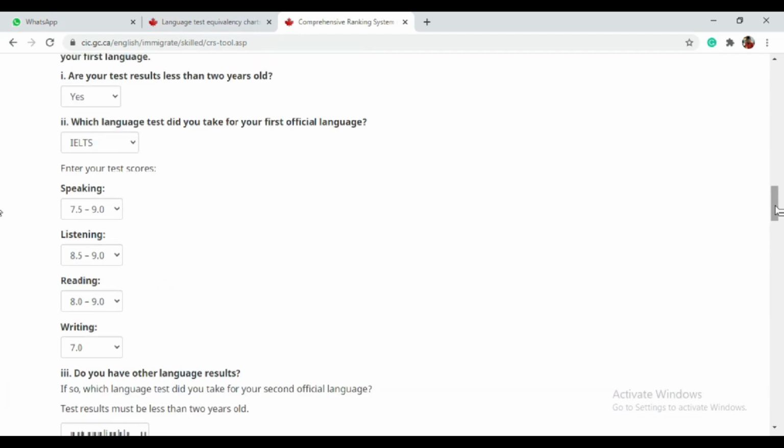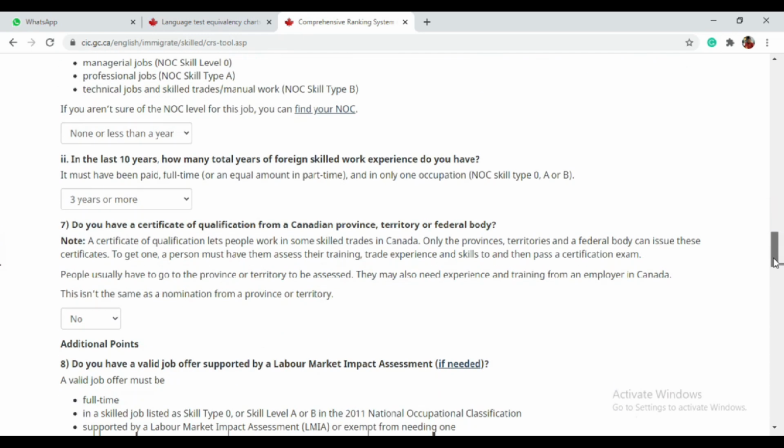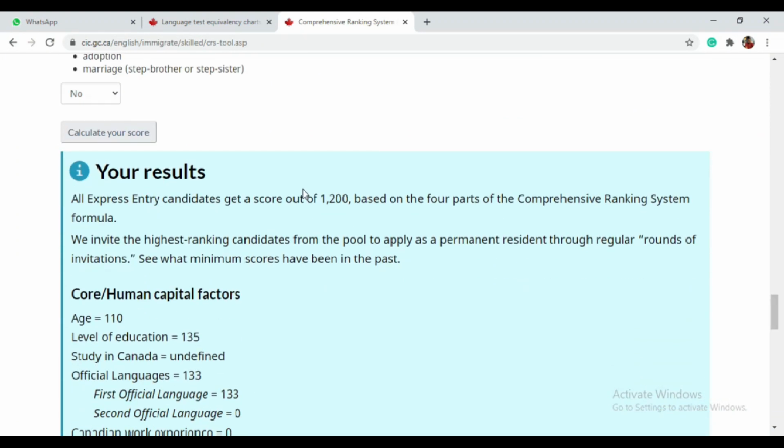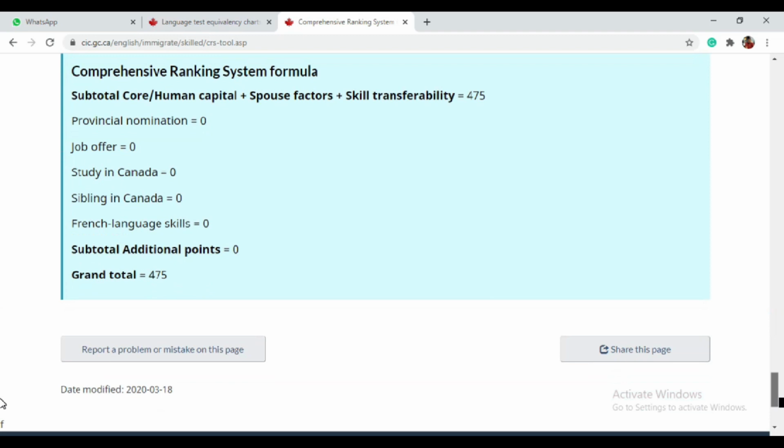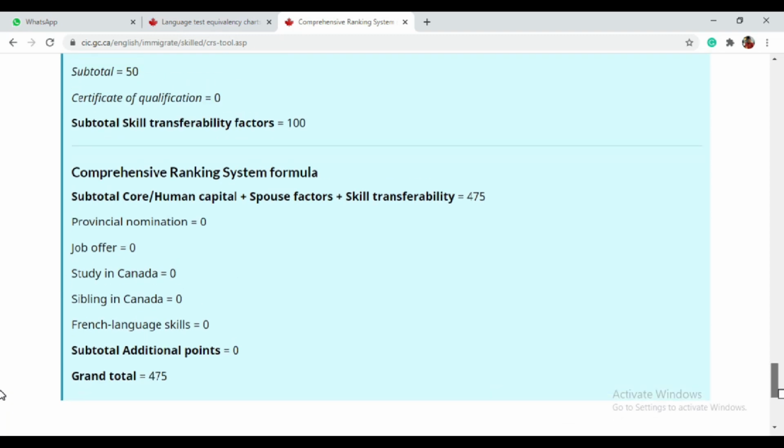Now, to explain it further, if we change the speaking score from CLB level 10 to CLB level 9, now we have two CLB 9, speaking and writing, and listening and reading at CLB 10. Now let's see how much CRS we're going to get. 475. So from 481 to 475, each CLB level 10 module gives you three CRS points.